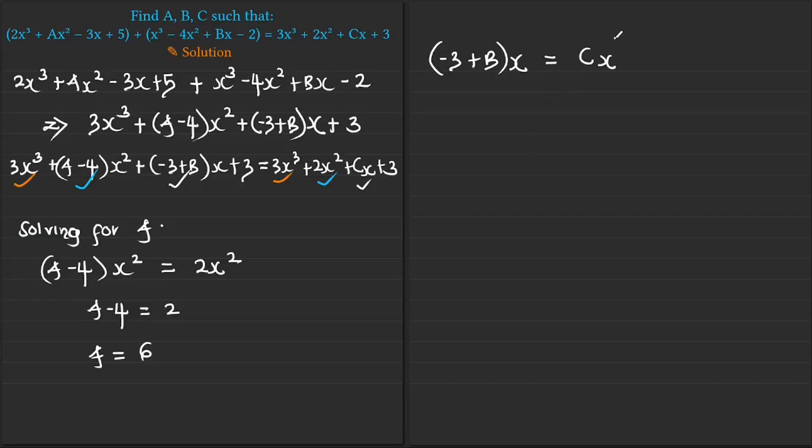We then have to equate the coefficients. It simply implies our negative 3 plus b is then equal to the c we have here.